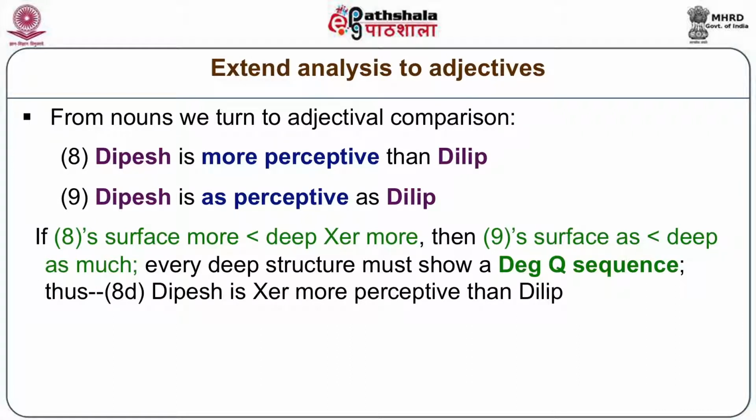As you see, more in Dipesh is more perceptive than Dilip is paired up with the object of comparison marked by than Dilip. In the positive case, Dipesh is as perceptive as Dilip. The element as on the left is matched with the element as on the right. It so happened that they look the same. But as you see in the case of more and than, they don't perform the same role.